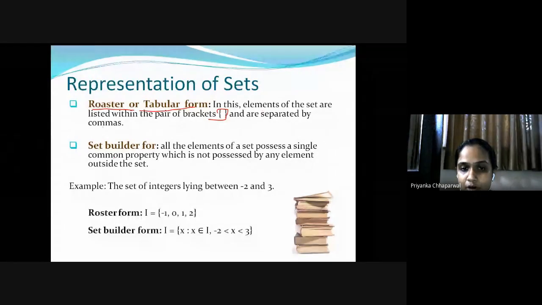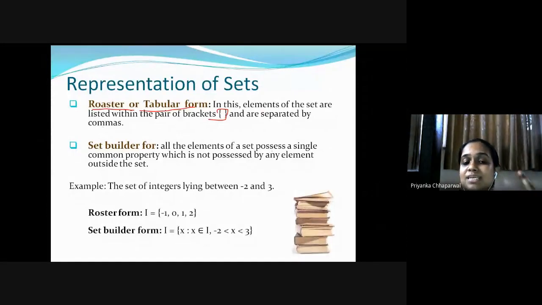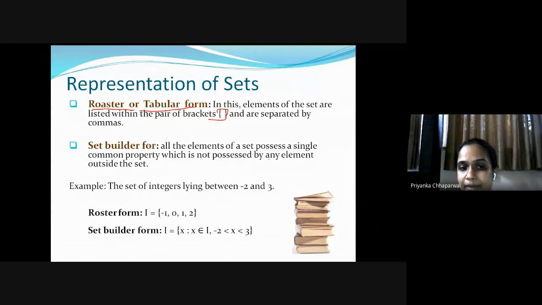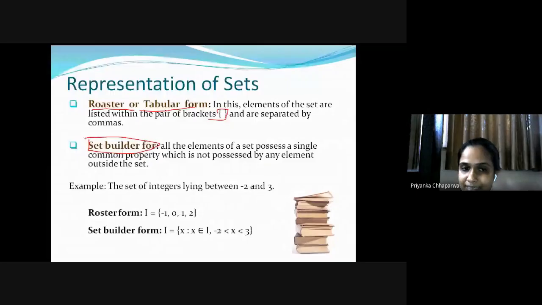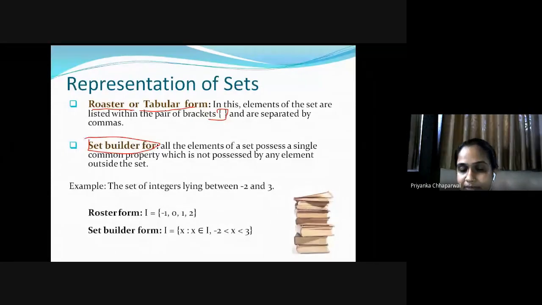In set builder form, all the elements of a set possess a single common property which is not possessed by any element outside the set. The meaning of this line is that in set builder form, we define the set in any logical form.